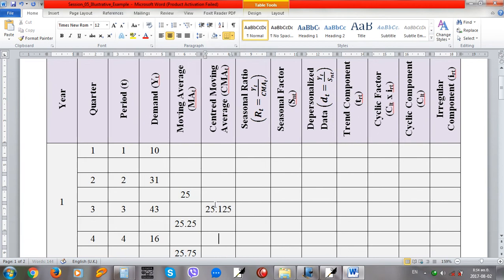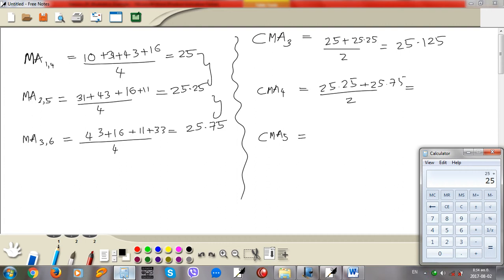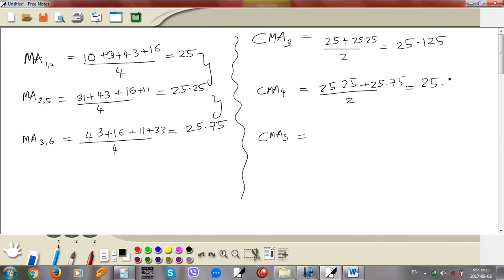To find the next centered moving average, you consider the next two values, 25.25 plus 25.75 divided by 2, and the value is 25.5, right?